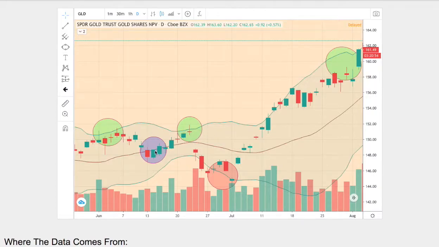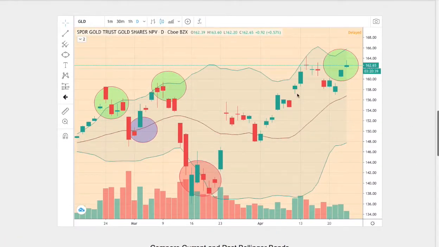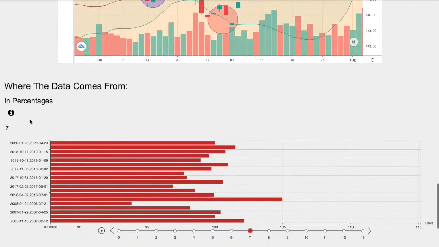In between that, we touch the middle Bollinger Band. Afterwards, we dip lower to touch the bottom Bollinger Band, and right towards the very end, we reach the upper Bollinger Band. So what we have here is 1, 2, 3, 4, 5 points. On the current trend, we also have 1, 2, 3, 4, 5 points. So there's reason to believe if the trends and patterns are the same, the outcome and forecast should be fairly the same.